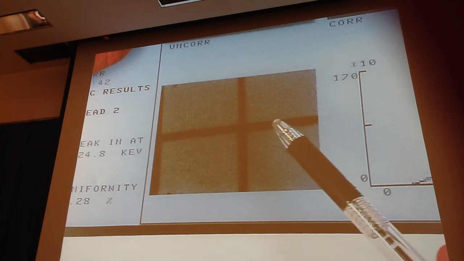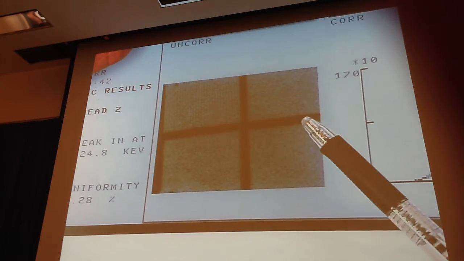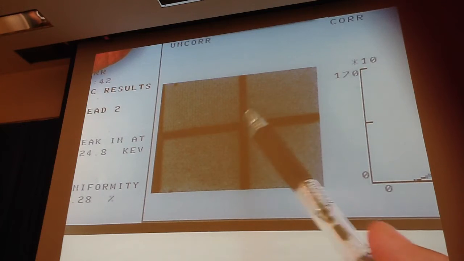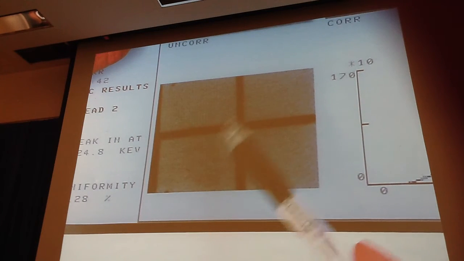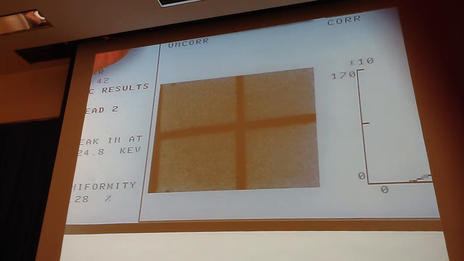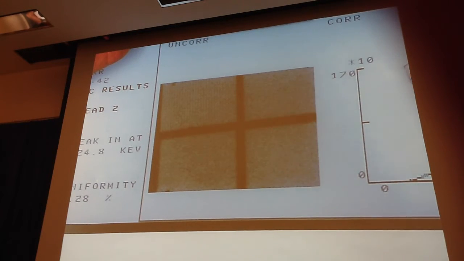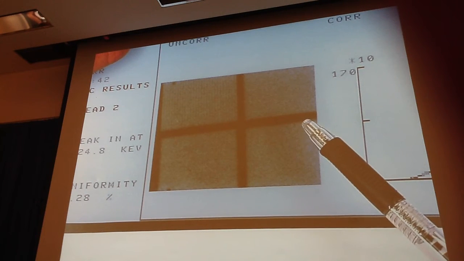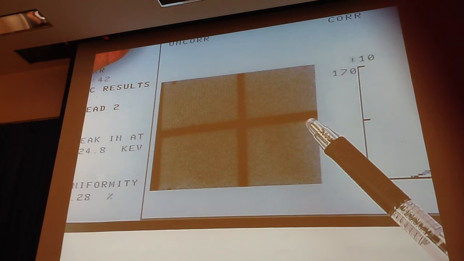So when you guys buy a gamma camera, they will normally tell you what the resolution is. Okay? So you buy a phantom where it matches that resolution. If you buy something where the lead bars are too big, you're really not testing your system. It's going to be a long time before those big lead bars are going to look horrible on the picture. Does that make sense? Sort of?